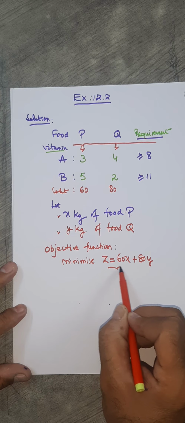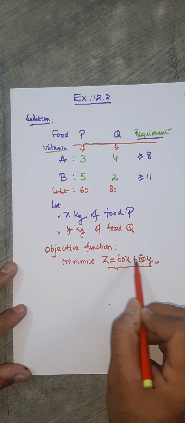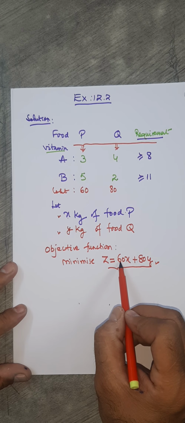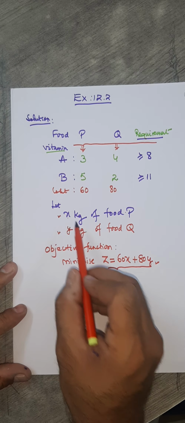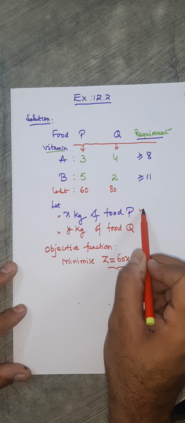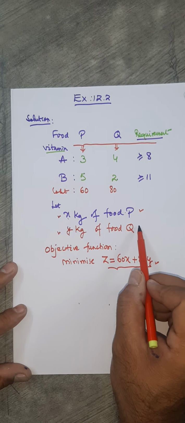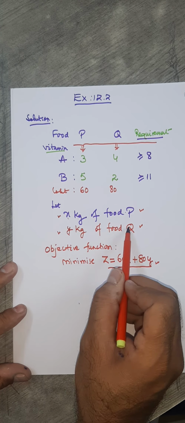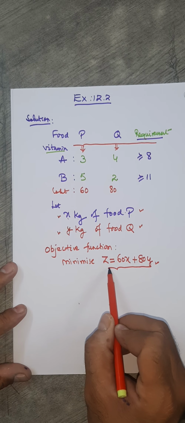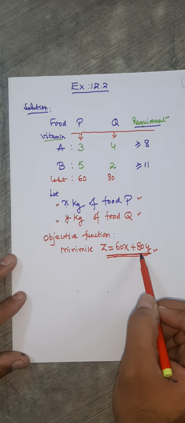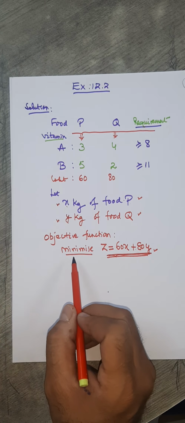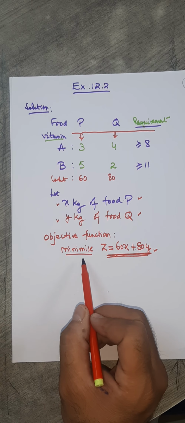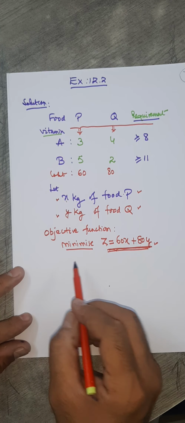So the total cost is 60x plus 80y. This is the cost, which is obvious, and it has to be minimized because the question asks to minimize the cost.